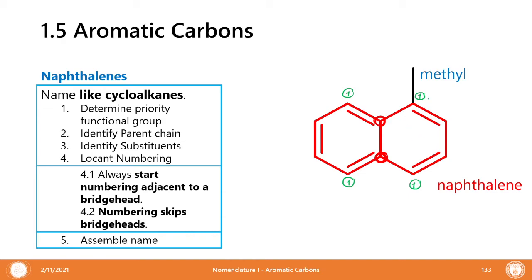So once we start from the bridgehead here, we have to continue number 2 here, 3, 4, 5, 6, and 7. Notice also that I went directly to 5 here. Remember that it always skips the bridgeheads, because technically we cannot substitute anything on these 2 bridgehead positions. So the numbering always skips. Okay, so I'll just erase this.